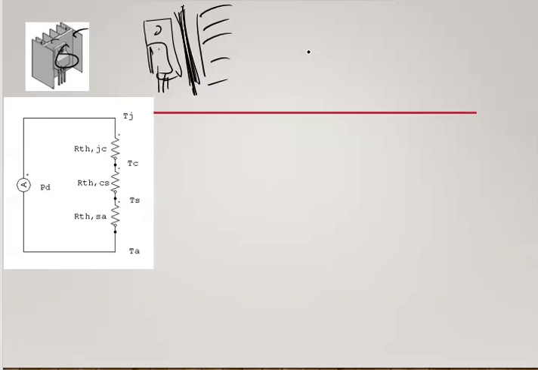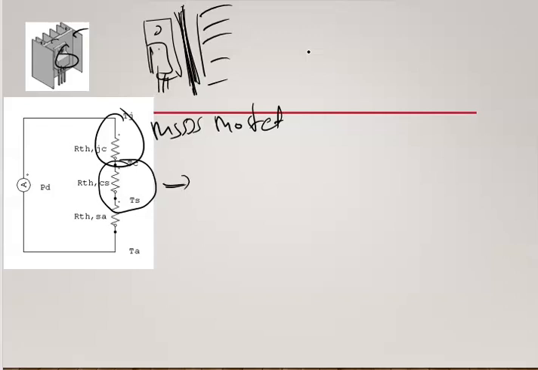So it means that from junction to case, the thermal resistance value is provided by the datasheet of your transistor, let's say the MOSFET datasheet. So between your case and your heatsink, now it is soldered, so it becomes zero. There's no resistance because it firmly contacts with solder. So 0 degrees C per watt.